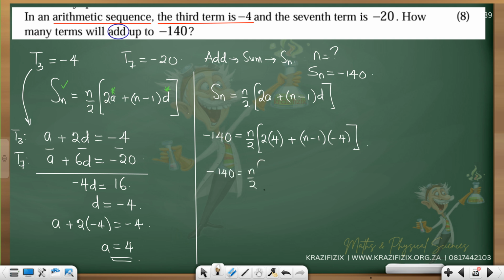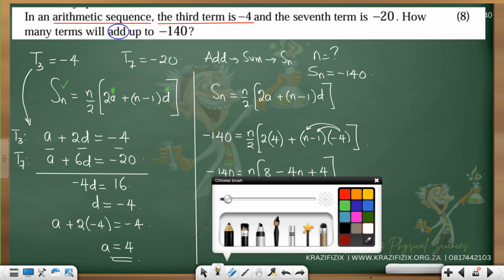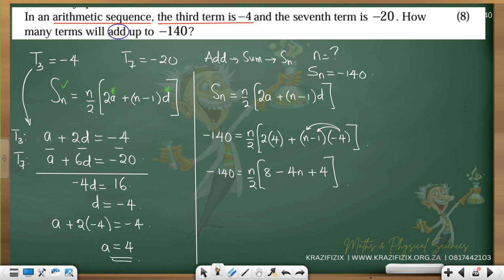Negative 140 equals n over 2 times... what will 2a give us? That will give us 8. Now, negative 4n plus 4. Quickly, guys, I could multiply this to make life easy for those of us that don't like fractions, but it will be the same anyway. What is 8 plus 4? That is 12. So I have 12 minus 4n, but I have to multiply this in.